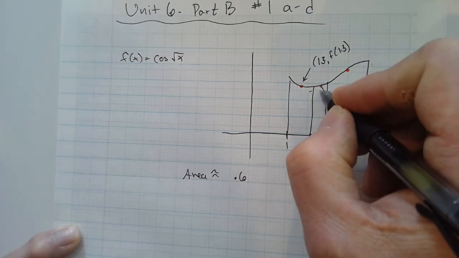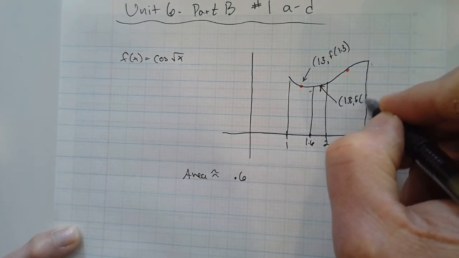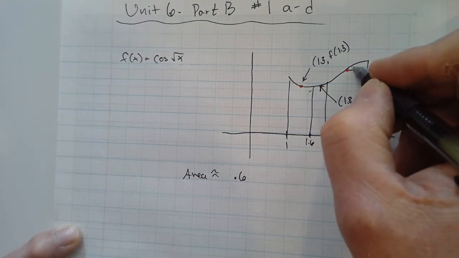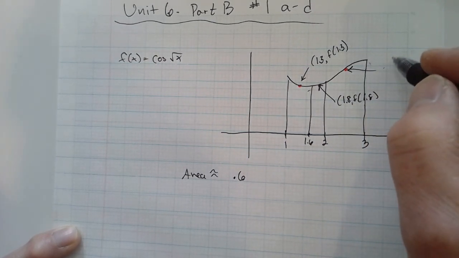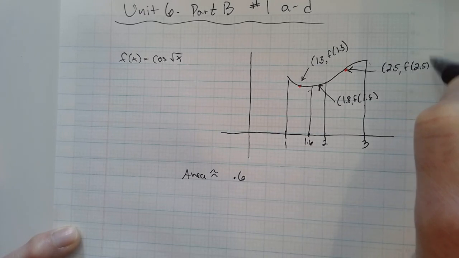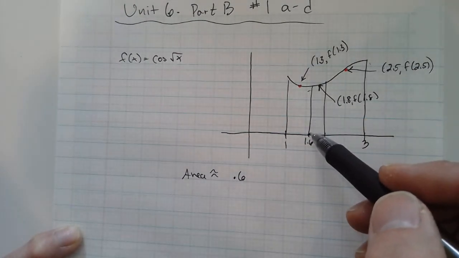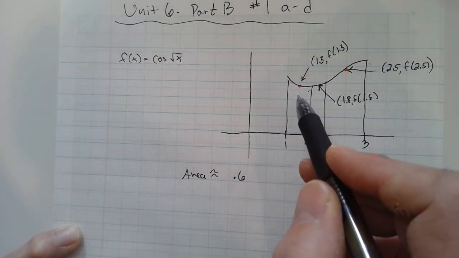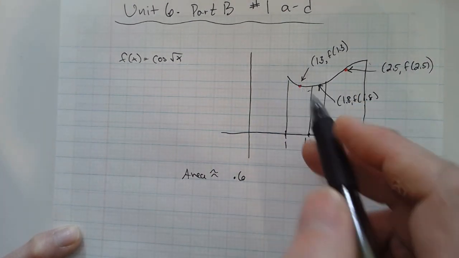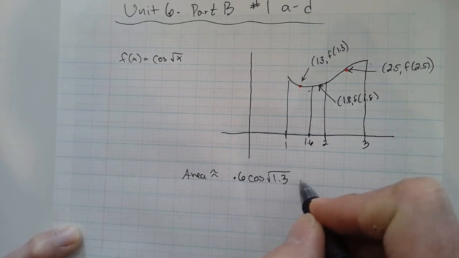This ordered pair here is 1.8 comma f of 1.8. And then the last ordered pair is 2.5 comma f of 2.5. All right, so my first rectangle is base times height. f of 1.3 is my height, so it's the cosine of the square root of 1.3.